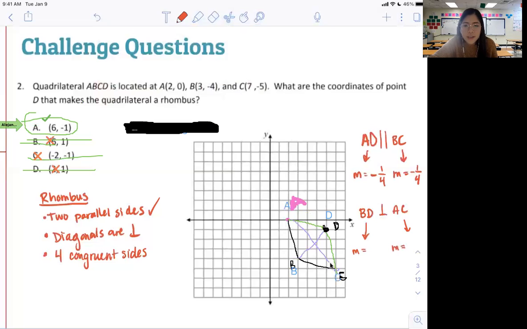And what about AC? I got 5/5 or 1. Good. I think, Perla, you got them backwards again. BD is +1, and AC is -1.